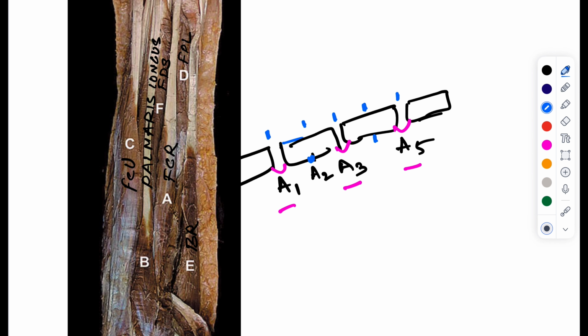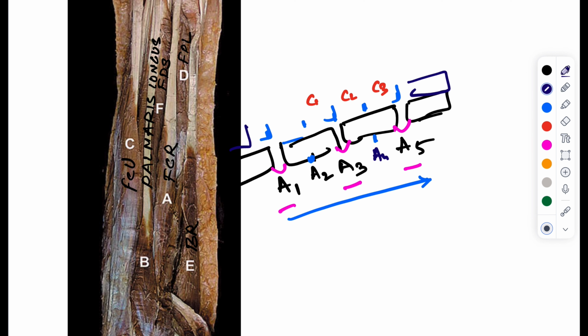And C1, C2, C3 lie between A2 and A3, and so on; there is no pulley over the joints at C. In between A2 and A3 there is C1.